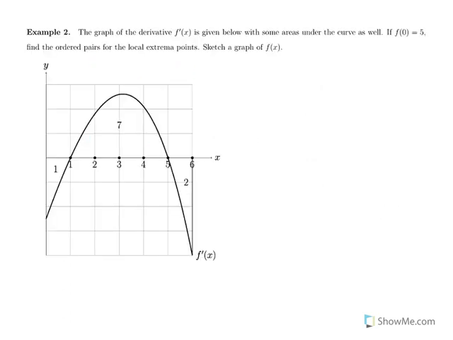All right. Now thinking about graphs of derivatives and how we get information about the function. So here we have the graph of f prime, and we're also given some areas under the curve. So for instance, this area here is equal to 1. This area here is equal to 7.